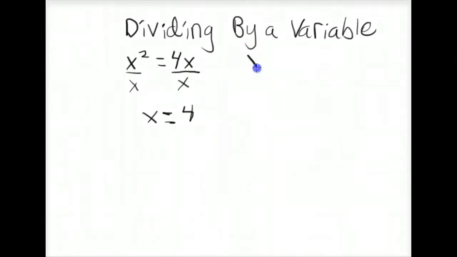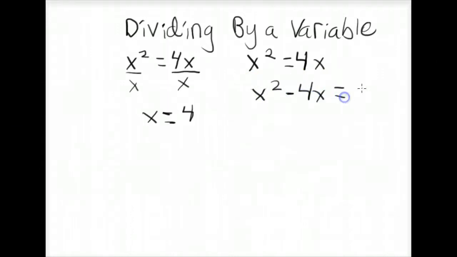Now, the appropriate way to do this, if we had x squared equals 4x, is first subtract 4x from both sides and say that x squared minus 4x equals 0. Then we can factor out an x and say x times x minus 4 equals 0.